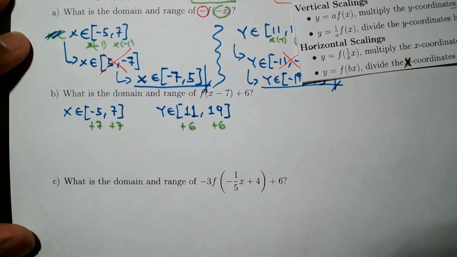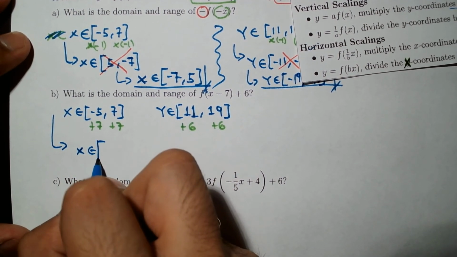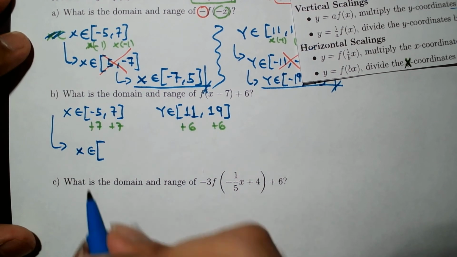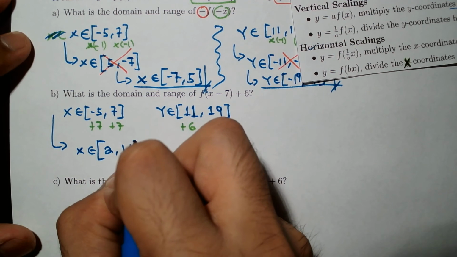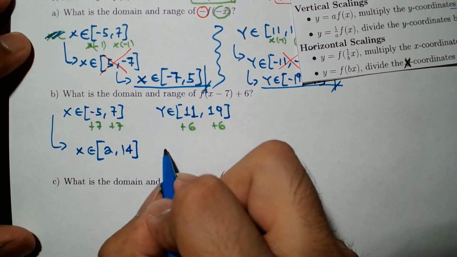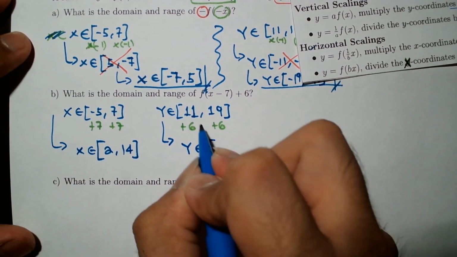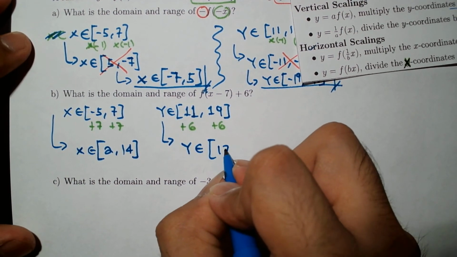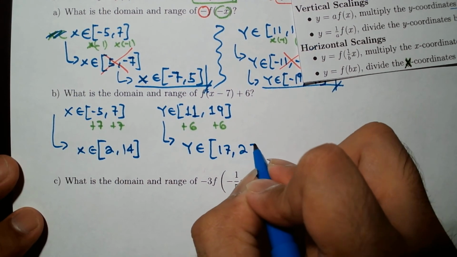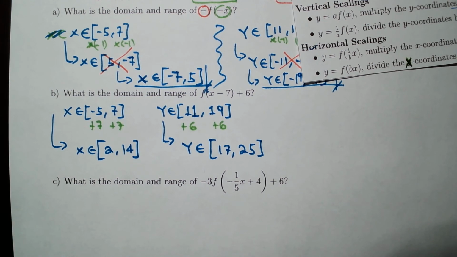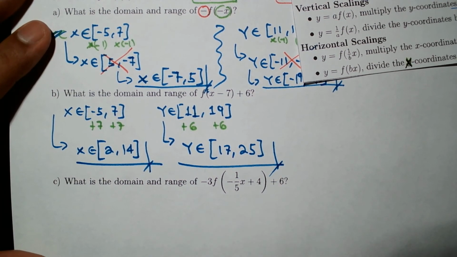So the new domain will become x belongs to the set of numbers between 7 minus 5, which is 2, and 7 plus 7, which is 14. And same for the y's. So the range goes from 11 plus 6, which is 17, and 19 plus 6, which is 25. So those are the new domain, the new range.